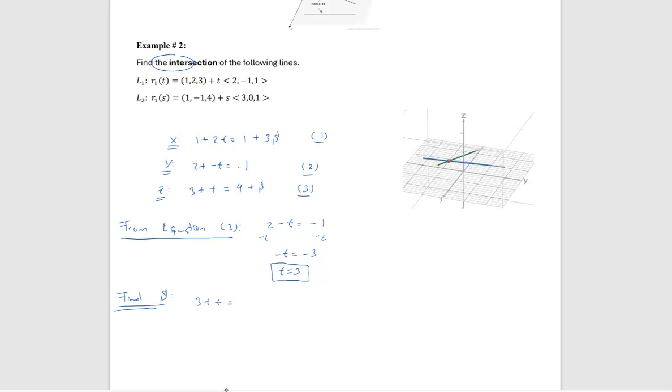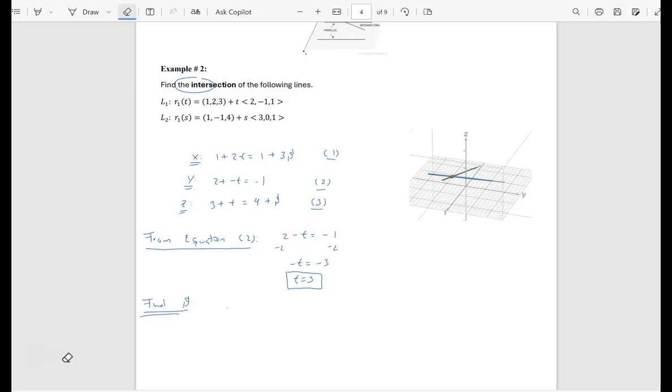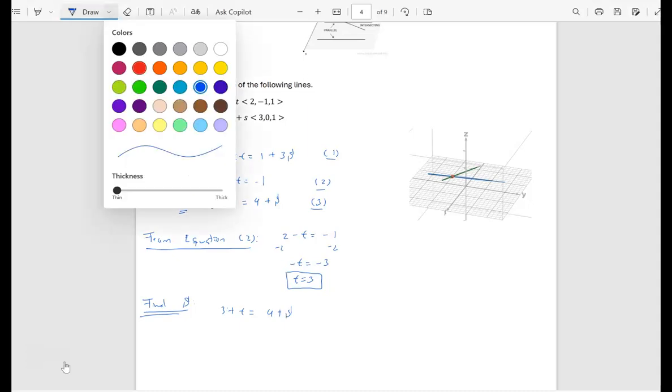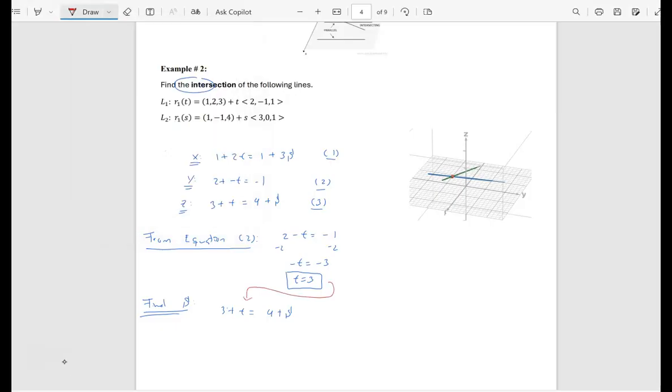So 3 plus t has to be equal to 4 plus s, and we already have a value for t.